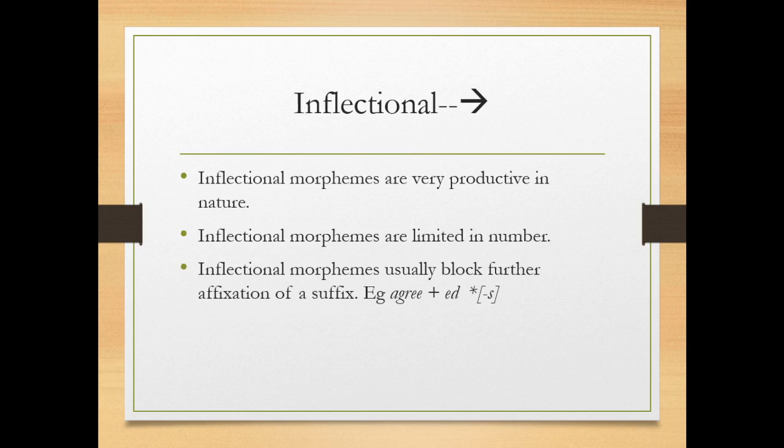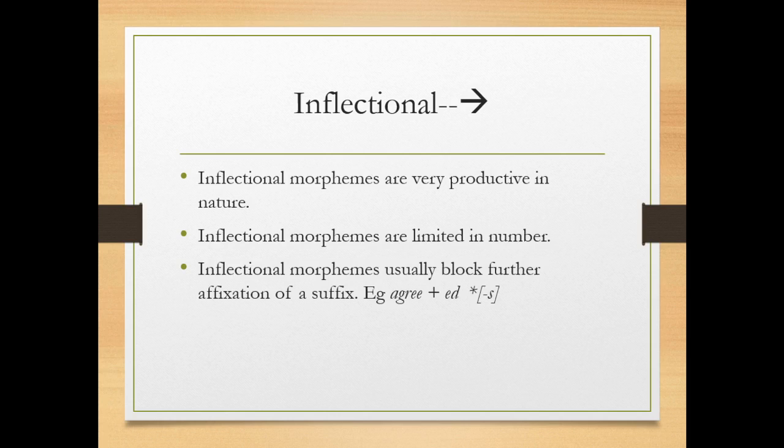Look at some other things. Inflectional morphemes are very much productive in nature. How can we say that? Inflectional morphemes in English, ing, ed, s, es, er, est, can be added to any part of speech of the same category. For example, s and es can be added to many nouns to make them plural.